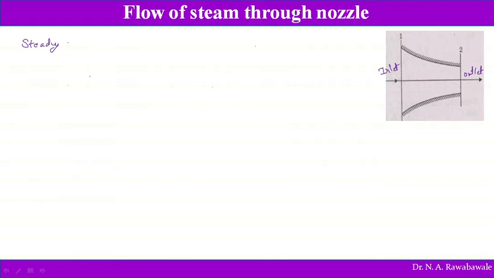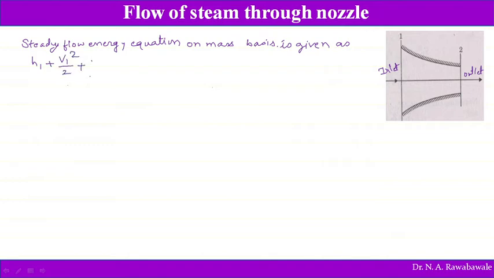We are considering the steady flow energy equation on mass basis, which is given as H1 + V1²/2 + W = H2 + V2²/2 + Q, where H1 is the enthalpy at inlet. We call this equation number 1.